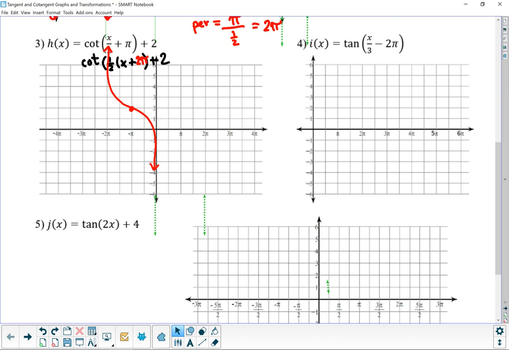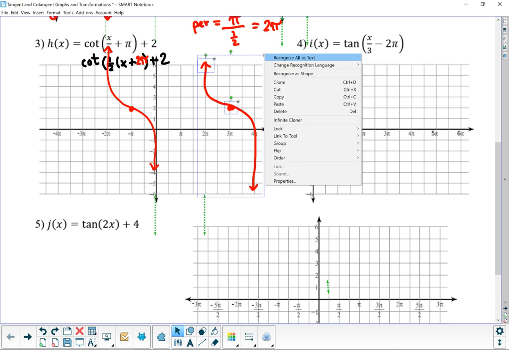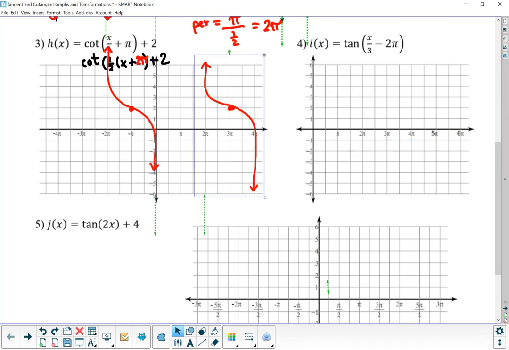my final function. But if you look at it, it looks the same because the one that used to be over there, yeah, the one that used to be over there, well, it gets moved 2 pi as well, which means 4 blocks.